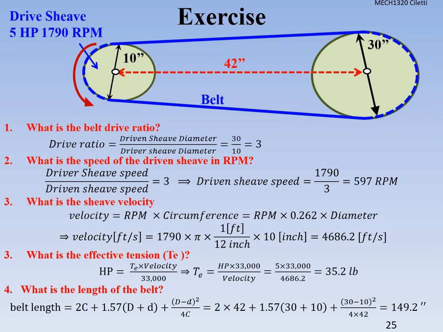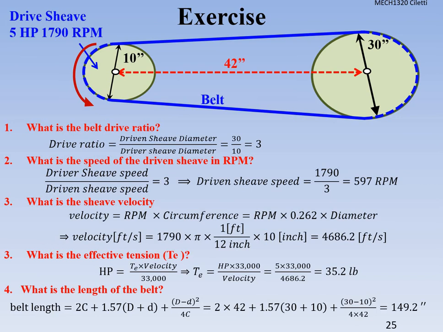Remember that 0.262 is our conversion; it includes pi and converting from inches to feet. So we take 1790 times pi times 1 over 12, which is the same answer as 0.262, then times our diameter, which is 10 inches. We end up getting 4,686 feet per minute. That's our velocity. I will expect you to be able to do all this on the test.